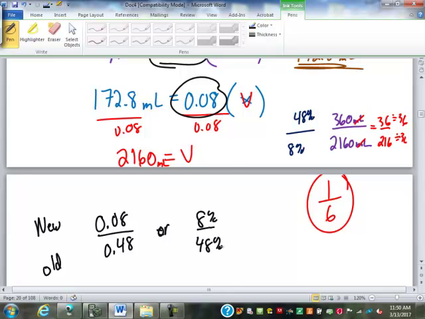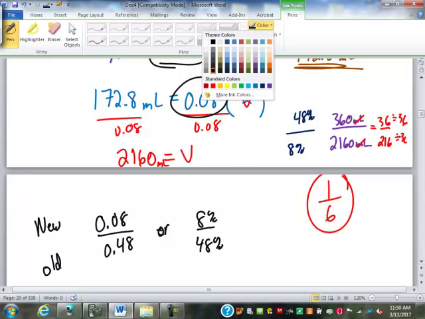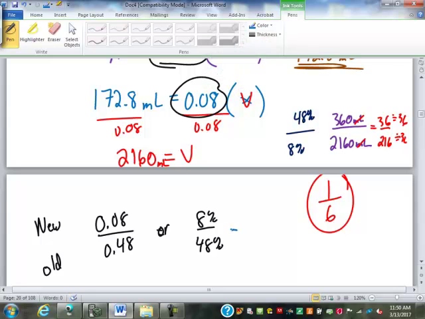It doesn't matter. As long as they're both percents, we don't have to turn them into decimal form. If I divide that out, that is a 1 in 6 ratio. So the ratio of the concentrations is equal to the dilution necessary to dilute it down to that concentration.